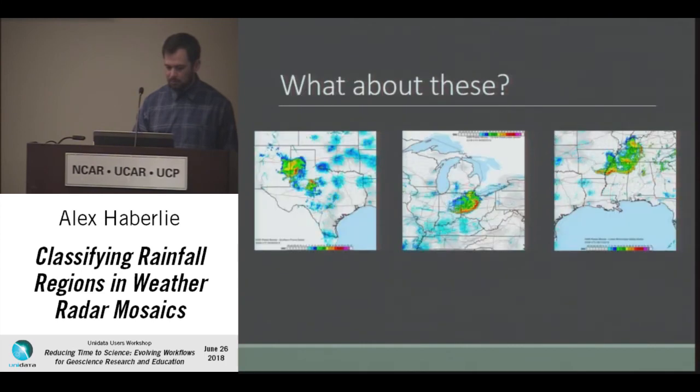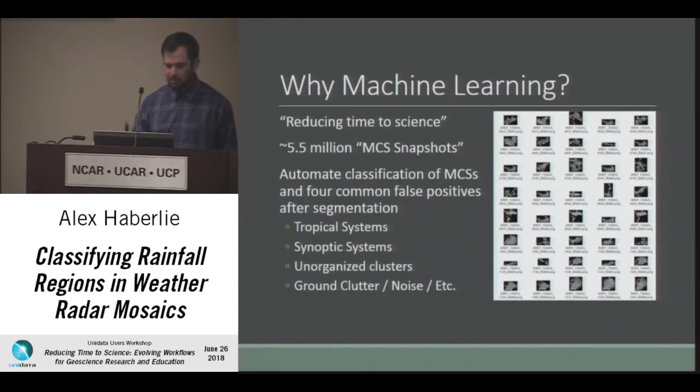So we can use machine learning to add value to that basic definition, that basic image processing step. If you run that segmentation, that image processing step, you get about 5.5 million of these snapshots, and I show a few of these on the right here. Going through 5.5 million of these and classifying them as a certain type would take a really, really long time.